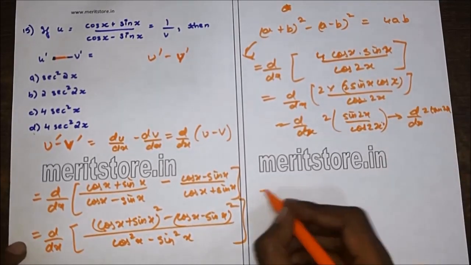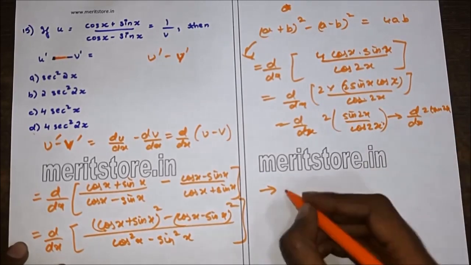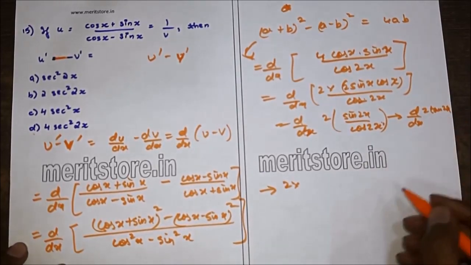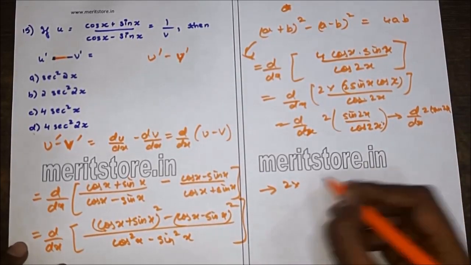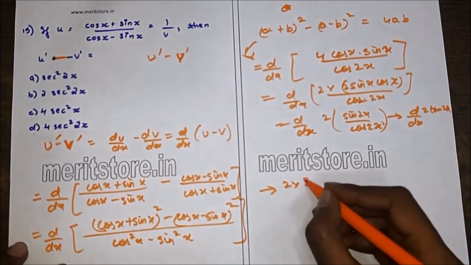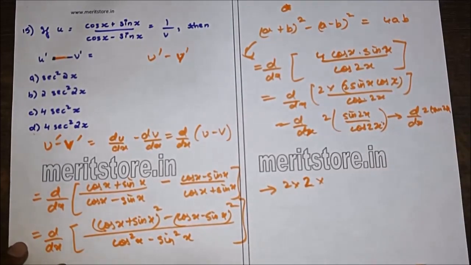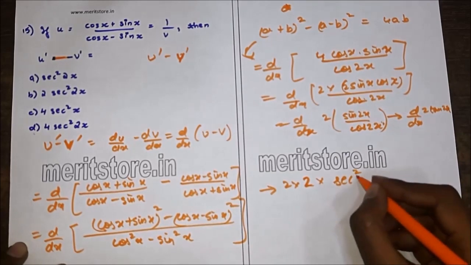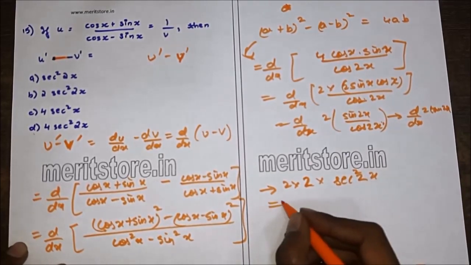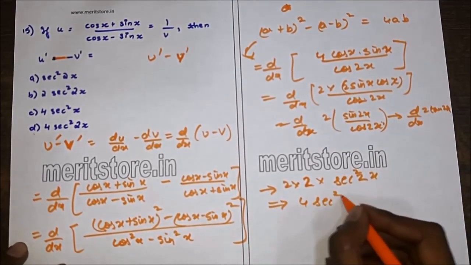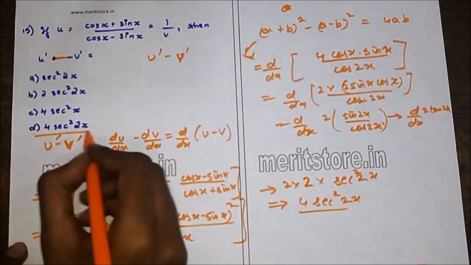So now we differentiate it with respect to x, so 2 into differentiation of tan 2x, which is 2 sec square 2x. So this gives us 4 sec square 2x, which is option D.